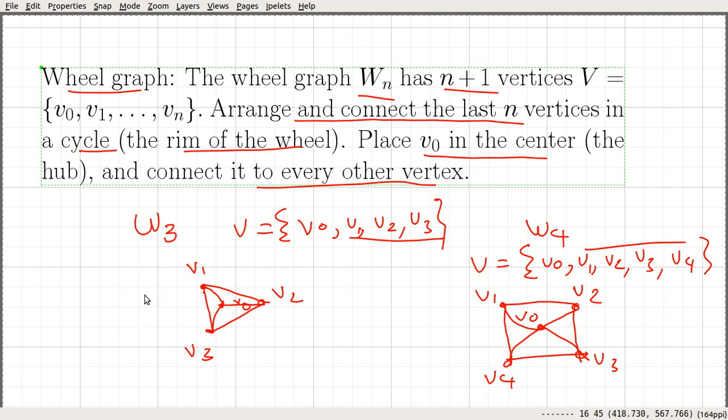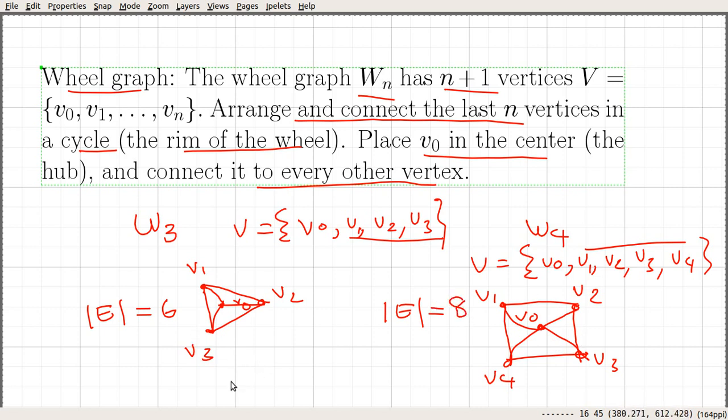Let's consider W3. In W3, the number of edges is 1, 2, 3, 4, 5, 6. Okay, and if you consider W4, the cardinality of E is 1, 2, 3, 4, 5, 6, 7, 8.